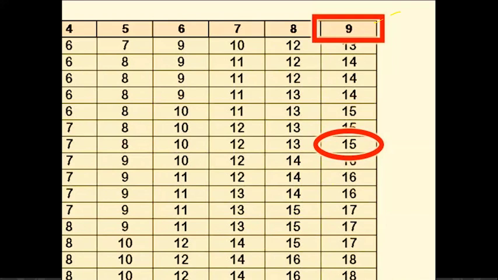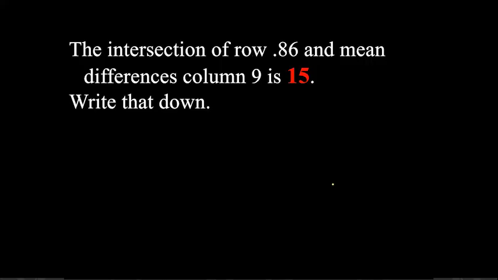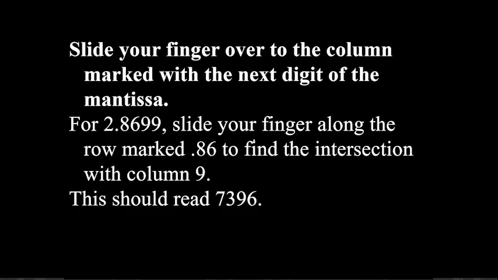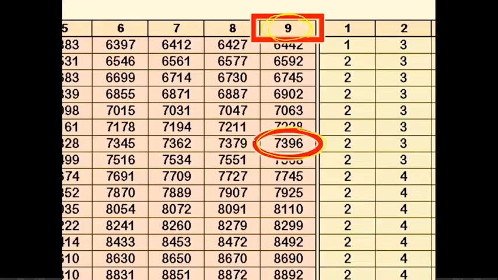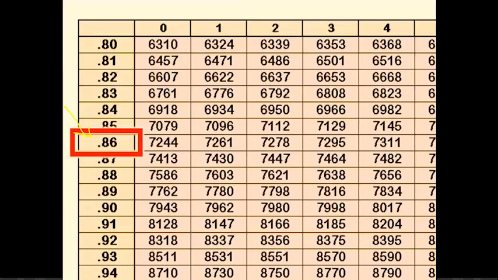Repeat again. So what is the number? The number is 8699, ignoring the characteristic, which we don't consider while calculating the antilog. So first we will go to 0.86. Then we will move to the 9th column of the first set of columns. Then we will move to the 9th column of the second set of columns. That's what we have done. First we move to 0.86 in the very first column.